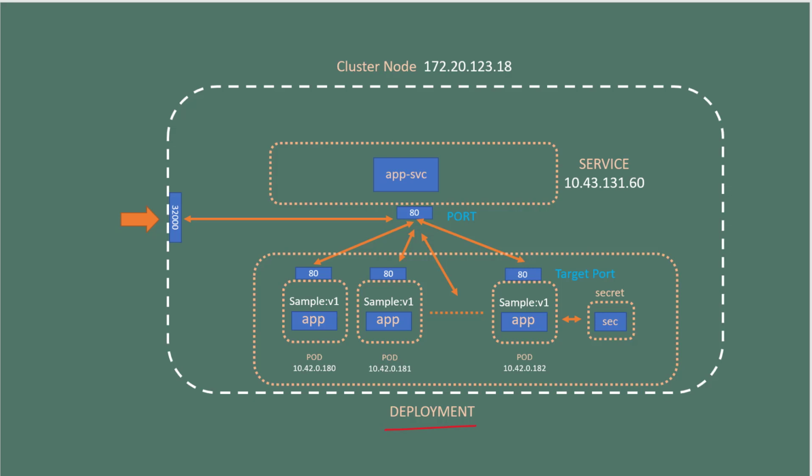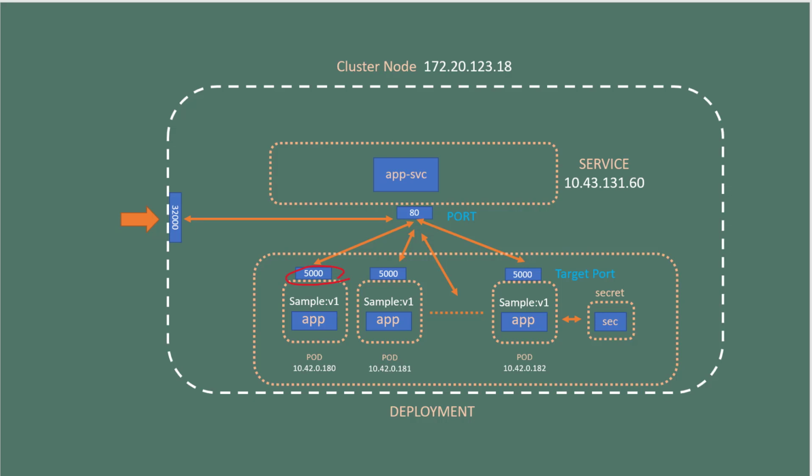Also, remember that a few minutes ago, when we brought up our application, it listened on port 5000. So here, when we define our configuration, we use port 5000 as the target port.